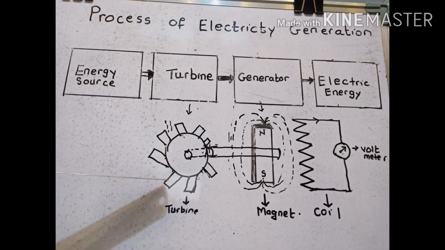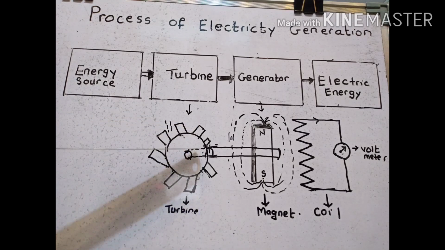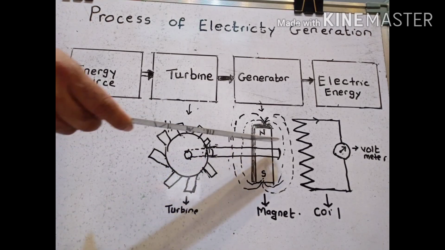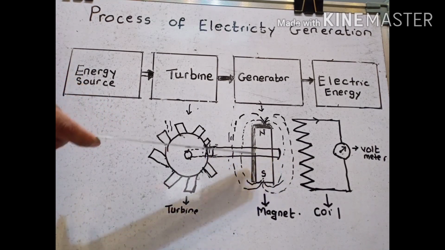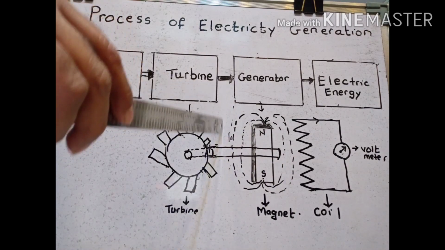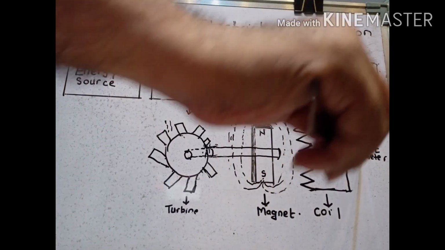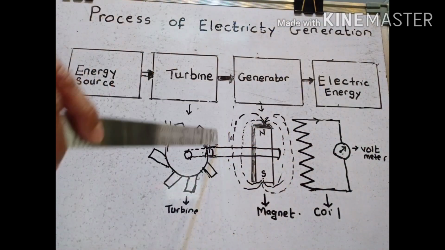So here what you are seeing below is a turbine. I have drawn the blades of a turbine. This turbine is connected, can you see over here? This is a shaft, an axle, on which there is a magnet mounted. So the generator begins here after this. This is the internal heart of the generator, right?